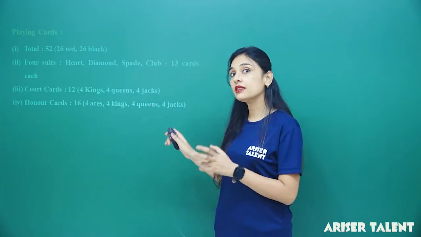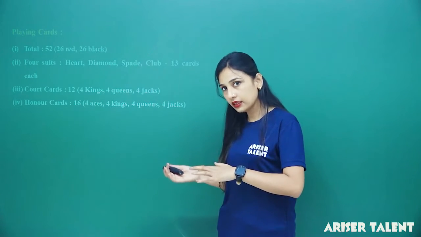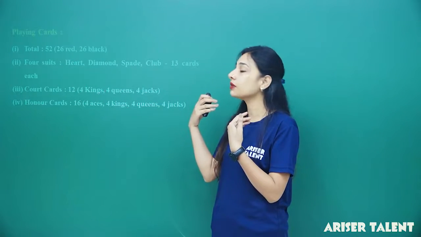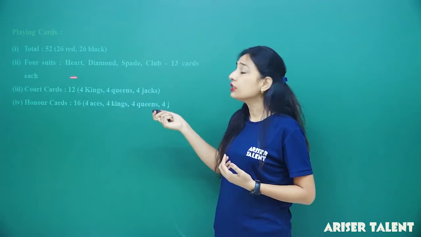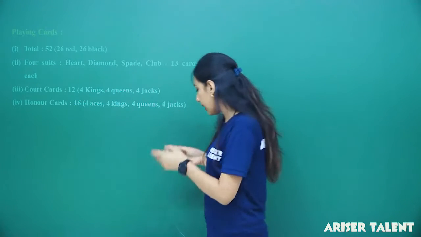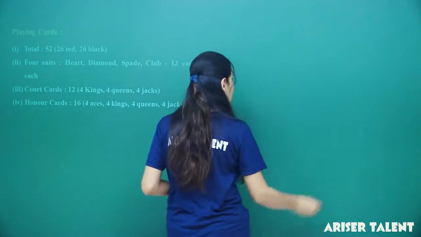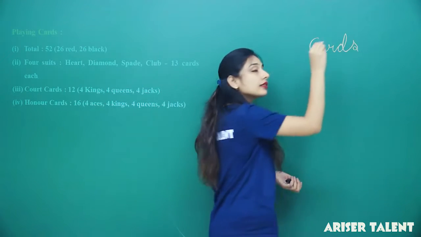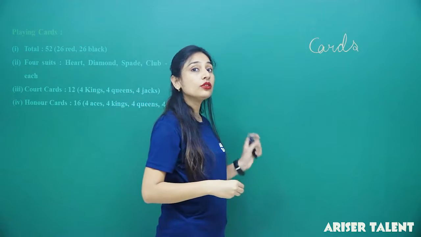Then we discussed the playing cards, the 4 categories, the kings, the aces, and the suits. So after discussing the cards, we are about to do questions on that.